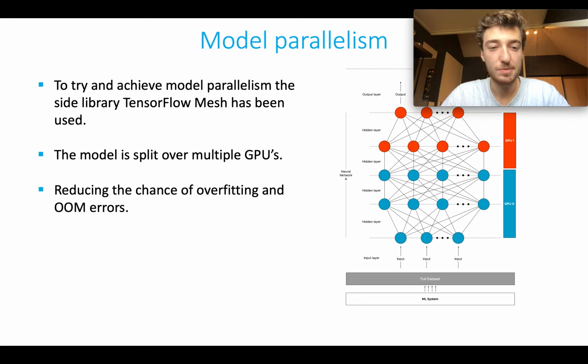So the model needs to be split up over multiple GPUs. And I tried to do this with TensorFlow Mesh, but sadly I did not succeed, but I know this is possible. And this needs to be done in order to have higher resolution images if you want to use this, because higher dimensionality on images will increase the amount of feature maps and then also increase your output accuracy.